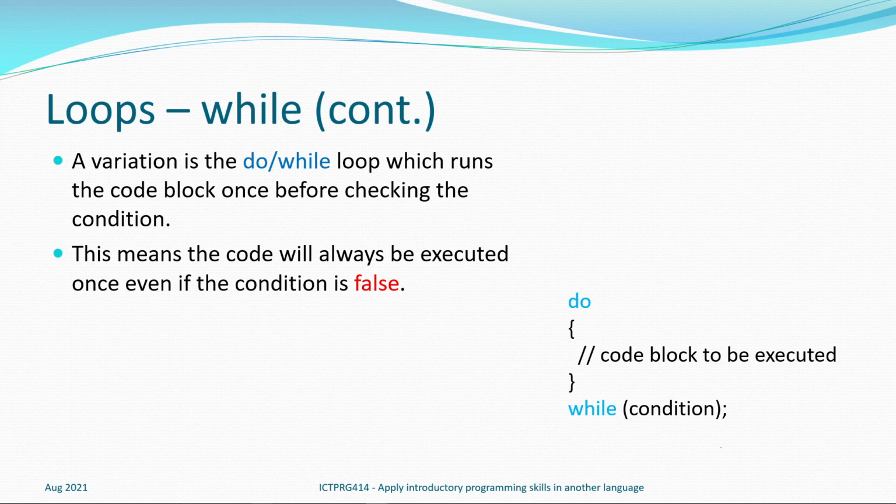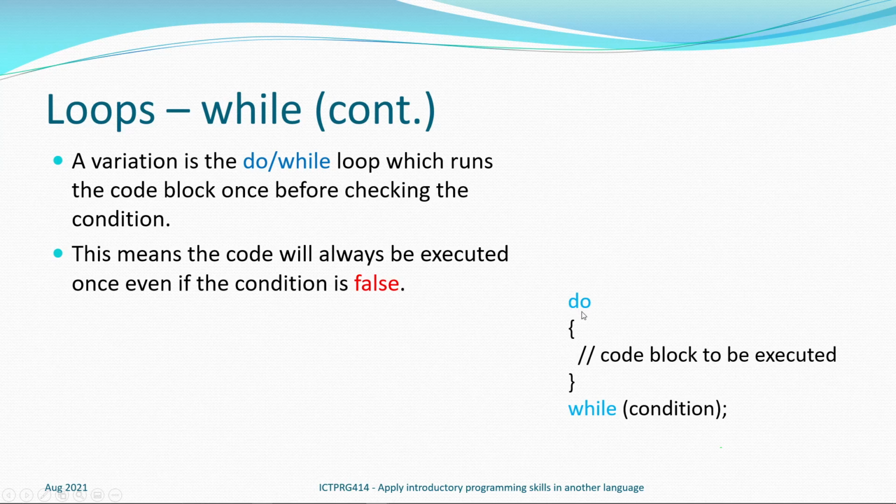A slight variation of that is the do while loop. This allows us to run through the sequence of code at least once, even if the condition is false. So we're going to do, and I shouldn't click on the slideshow while I'm chatting.